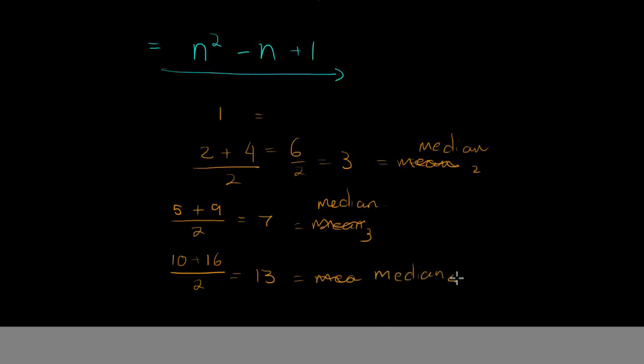Median 4. Okay, and in the first one, this is median 1, and it is 1. It's the first and the last term, 1 plus 1 divided by 2 is 1.